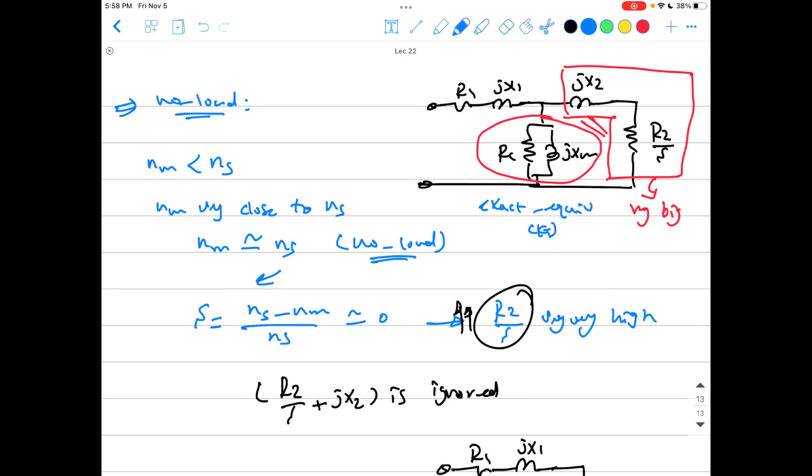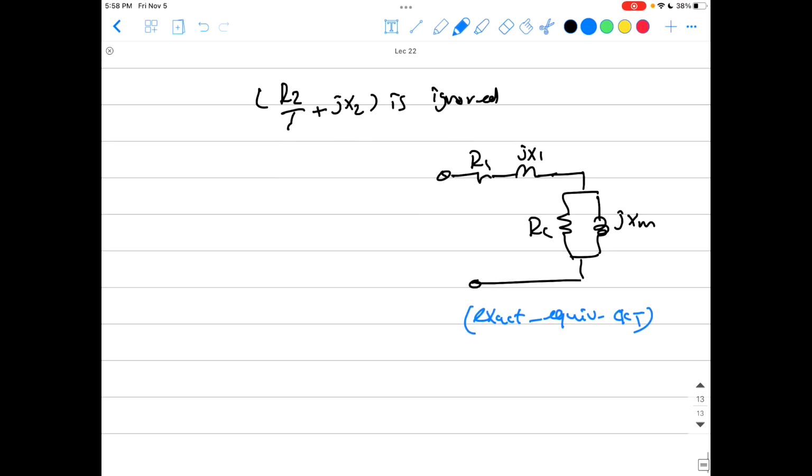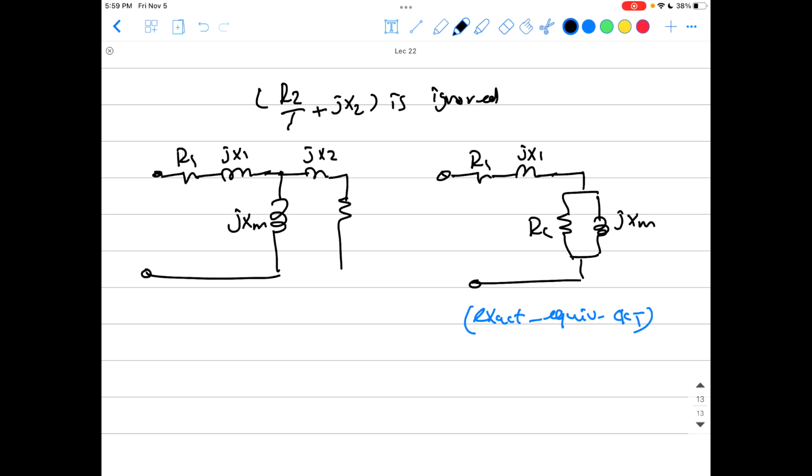But you remember what we call the approximate equivalent circuit, which is like that: R1, jX1, and just jXM in the middle here, then jX2 and R2 over S. Remember, for the approximate equivalent circuit we don't have RC, because we are just assuming that the core losses represented by RC are usually a constant loss lumped with the friction and windage losses, or rotational losses, at the end.